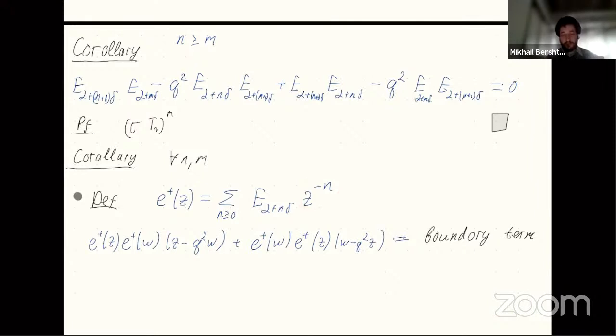And if we compute some term on the left side with negative powers in z and w, it will vanish precisely from this relation. But here we have a boundary term. If we take constant here and z here, then we get z to the power of 1. So this boundary term will be more or less like z e of w squared minus w e of z squared. So it will not have z and w both in negative powers.